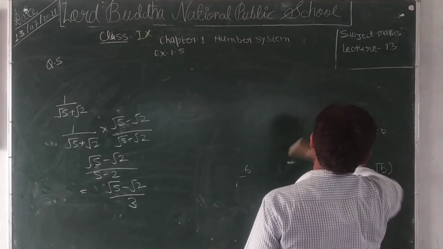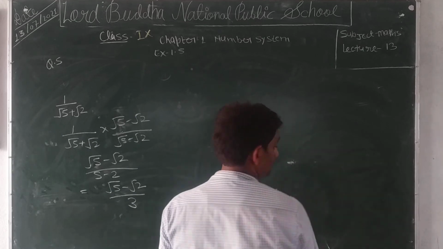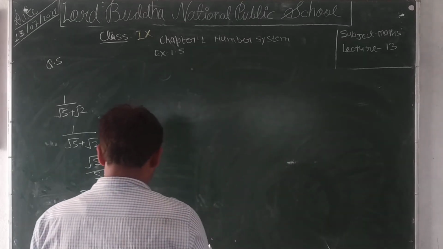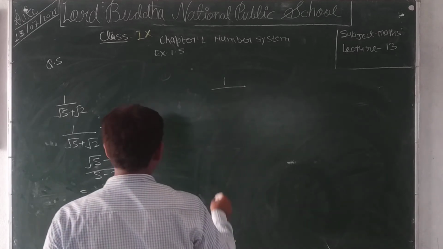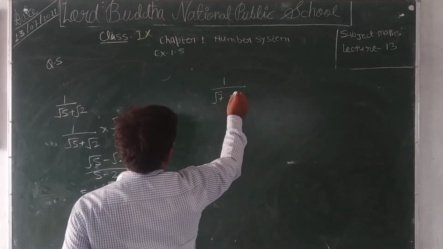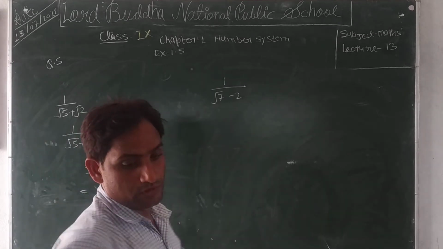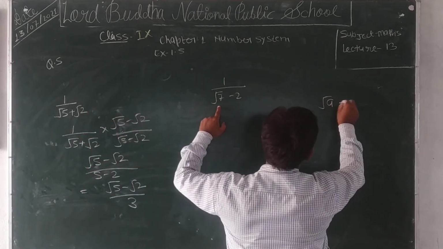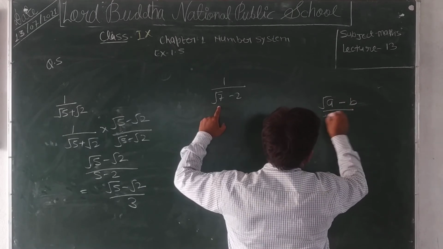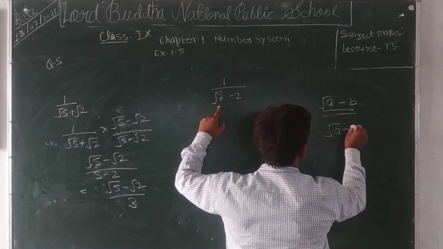The last part of this question is 1 upon root 7 minus 2. We see that this is the form of root a minus b. Its rational factor will be root a plus b.